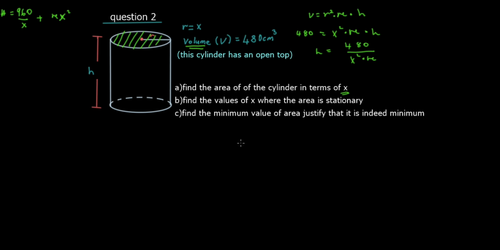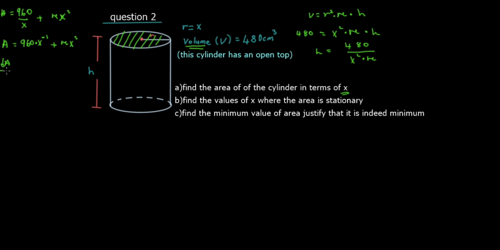So the other question says find the values of x where the area is stationary. So let me use this equation. Find the derivative. Let me write it as 960 multiplied by x to the power of -1 plus pi x squared.